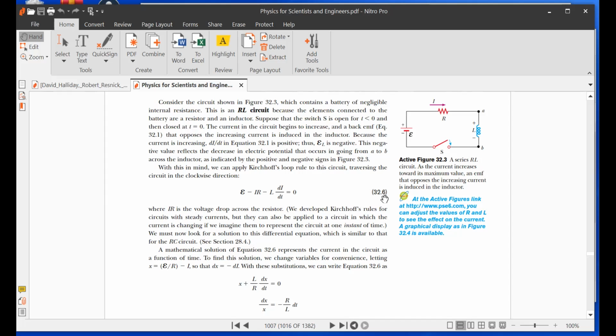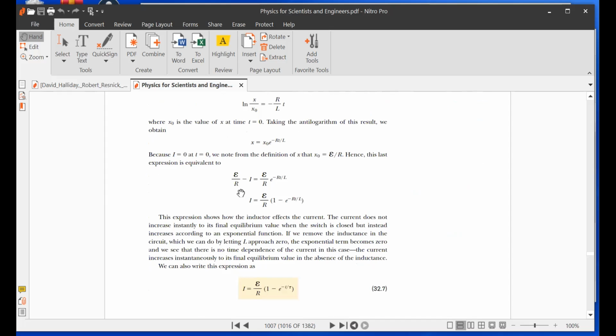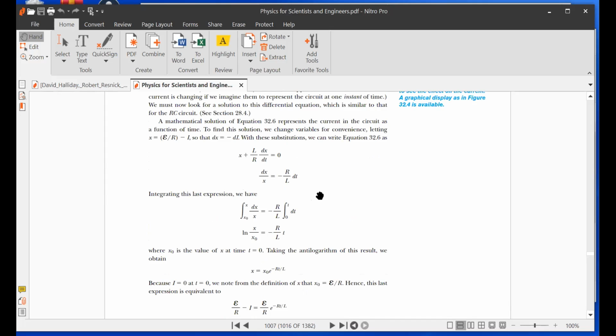If we solve equation 32.6, we get I equals epsilon over R times 1 minus e to the power minus R t over L. This L over R we call tau, the time constant.